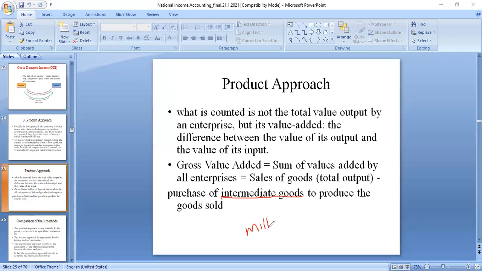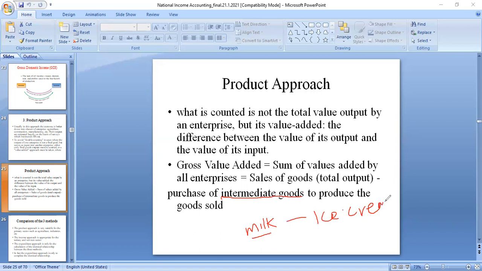It can be sold as a final good when it's raw milk, but also it can be used as an input in the production process. For example, we can use this milk to process ice cream, maybe yogurt, ghee, and all those other milk products.